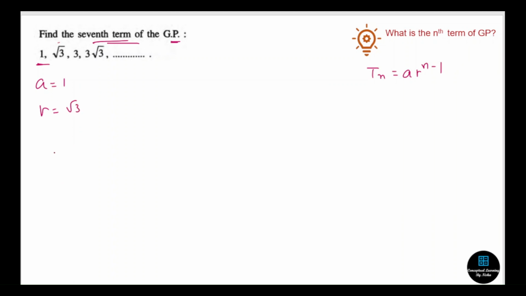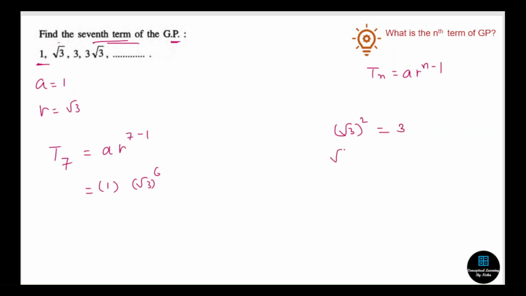Now as we want to find the seventh term, I'll write T7 equals, first of all we'll write the formula, A R raised to 7 minus 1. And now we'll substitute the values. So A is 1, R equals square root of 3 to the power 6. Now understand this. See, square root of 3 to the power 2 is how much? Yes, it is 3.